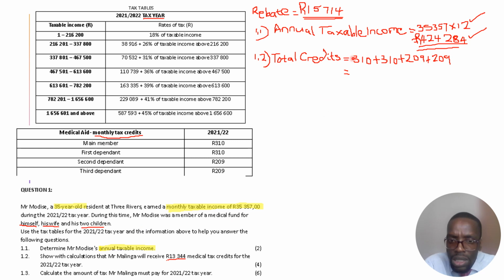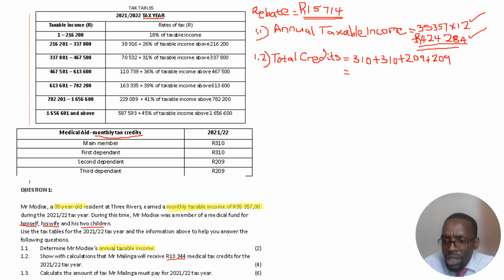So it's himself 310, the main member, his wife the first dependent, the first child the second dependent, and the second child the third dependent. That's why we are adding it like that.